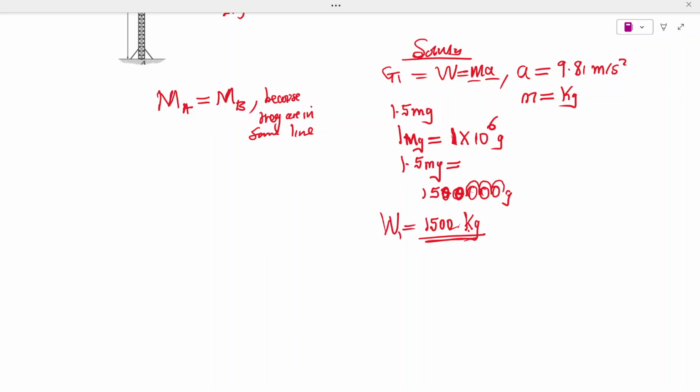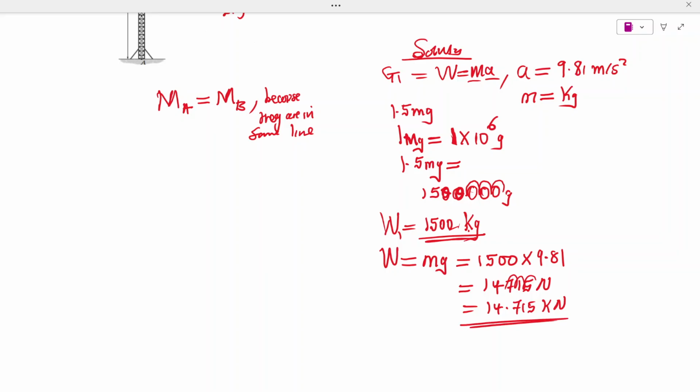Therefore weight is equal to mg, which is 1500 times 9.81. It's going to give us 14715 newton, which is equal to 14.715 kilo newton.